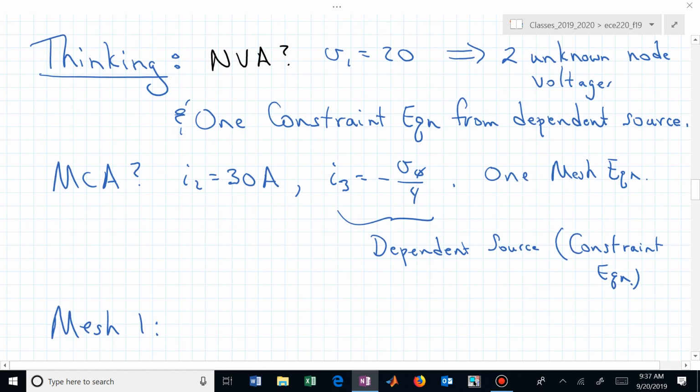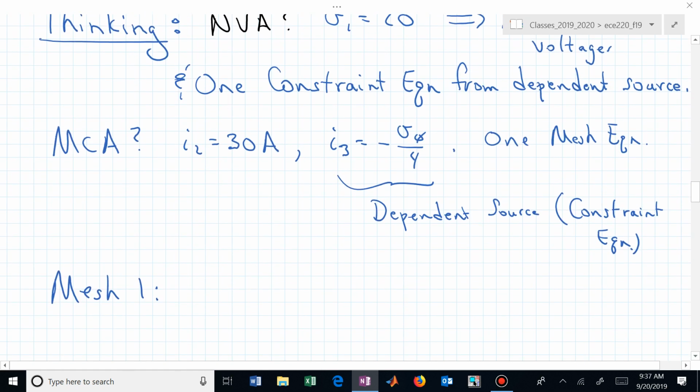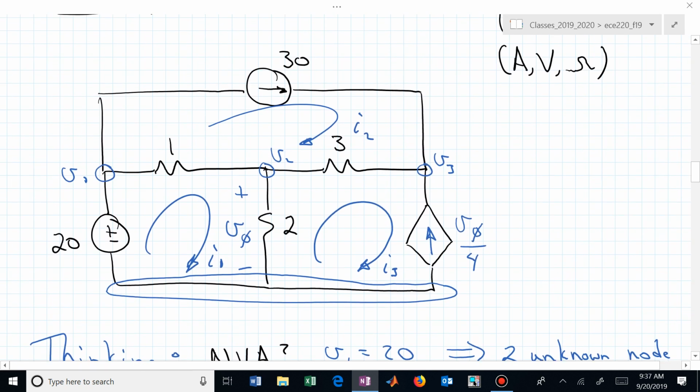Mesh 1, let's just say mesh current analysis is the winner. So that now says that mesh 1 is minus 20 plus 1 times I1 minus I2, but I2 is 30, plus 2 times I1 minus I sub 3.